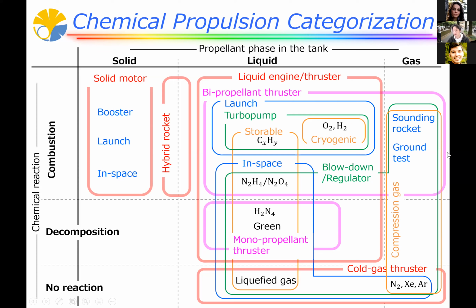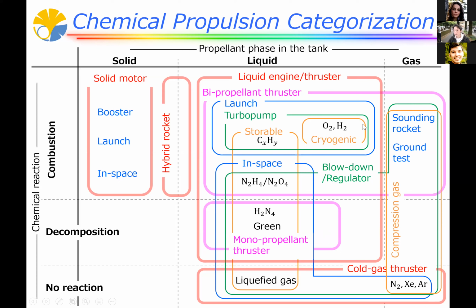Inside these tables, for example, here the bi-propellant thruster means that it uses two types of propellant, the fuel and oxidizer. And here you see the mono-propellant thruster. This uses only one type of propellant, usually fuel. These blue rectangles mean usage, launch purpose or in-space usage purpose.